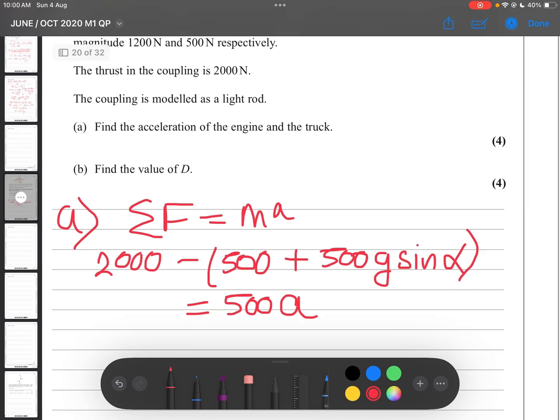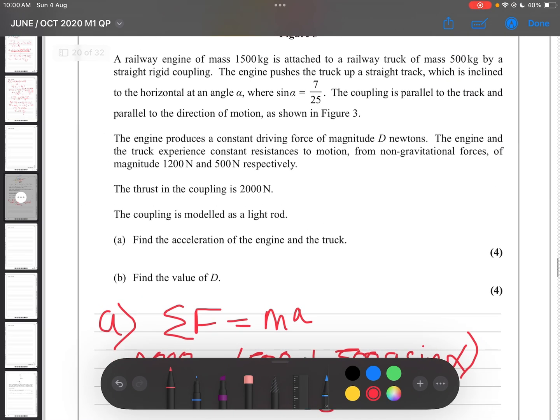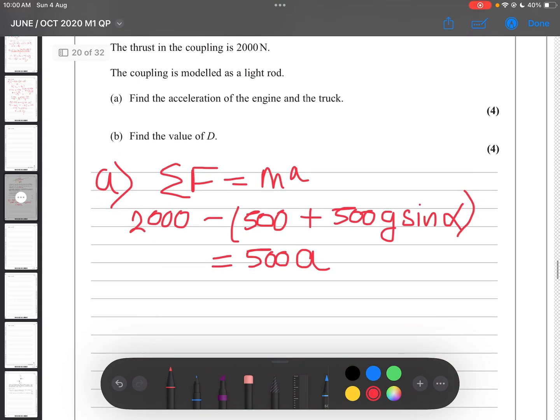Now sin alpha, they have already given us sin alpha is equals to 7 over 25. So instead of sin alpha, you will substitute 7 over 25. g is equals to 9.8. And then if you simplify this, we'll get acceleration is equals to 0.256 meters per second squared. I'll repeat again, please don't forget the units.